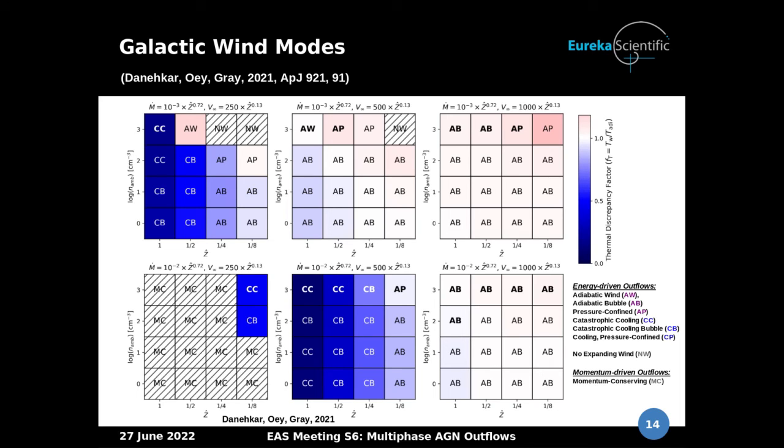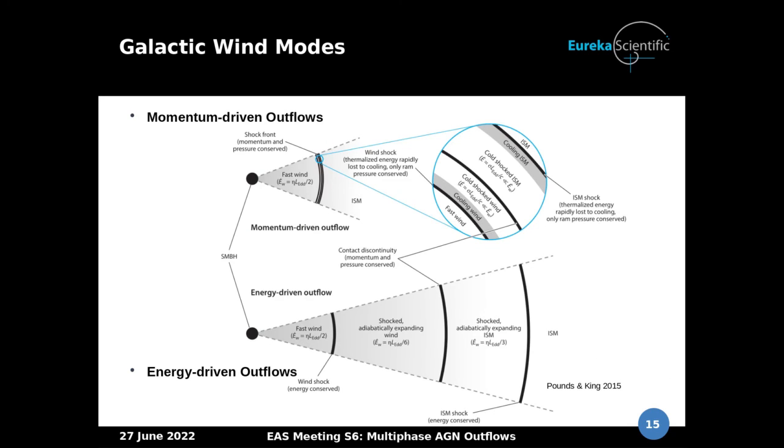And here is a different plot. As you see, by increasing mass loading rate, we also increase radiative cooling. And in this plot you see different collective wind modes: energy-driven mode and momentum-driven mode. Bottom left we have momentum conserving, and this is a schematic view of momentum-driven and energy-driven outflow.